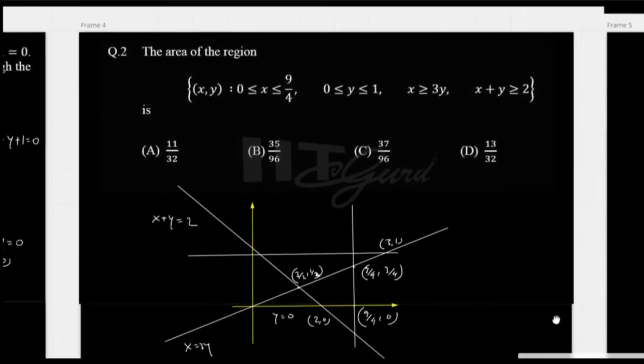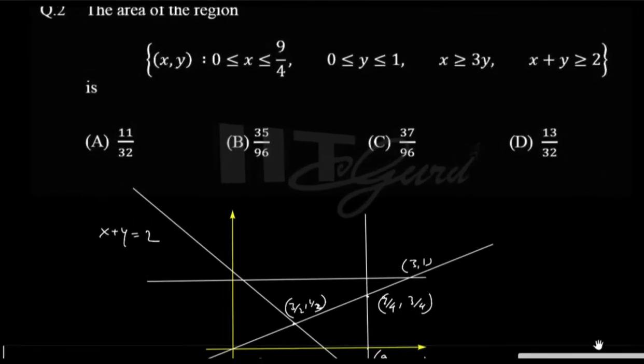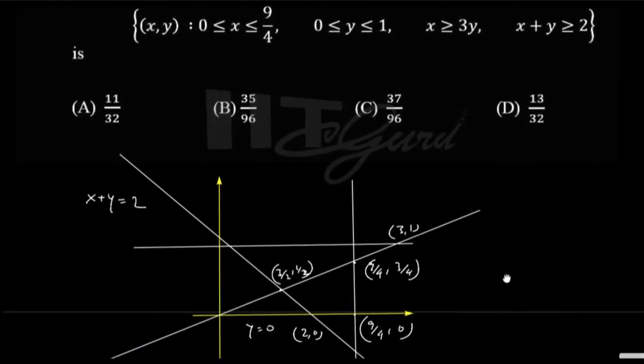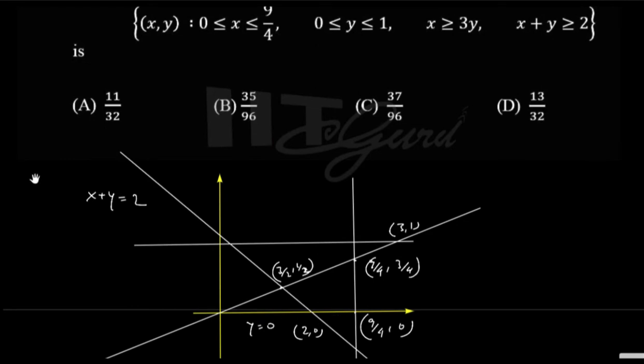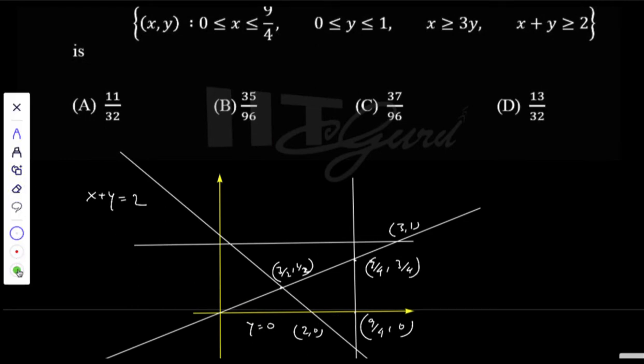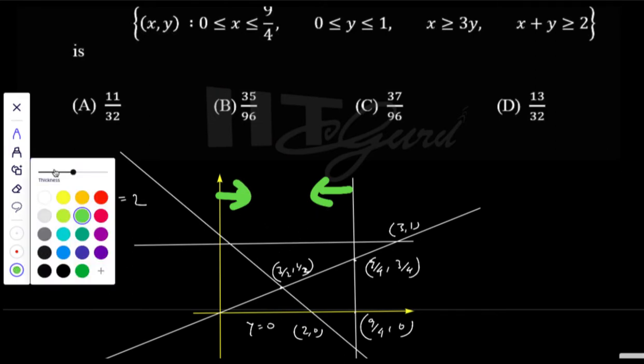If you see the constraints in these equations, x lies between 0 and 9/4. What does it mean? It means you have to go in this region, between these two regions.